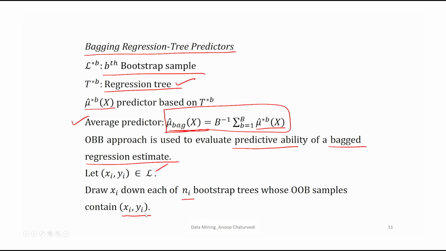So, suppose ni number of bootstrap trees have xi, yi as out-of-bag sample. Then for each of these ni bootstrap trees, we drop down xi.